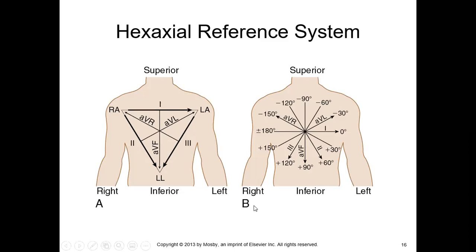Over here, B depicts the hexaxial reference for determining the frontal plane axis. Note that the vectors for lead 1, 2, and 3 are in the same direction as in A.